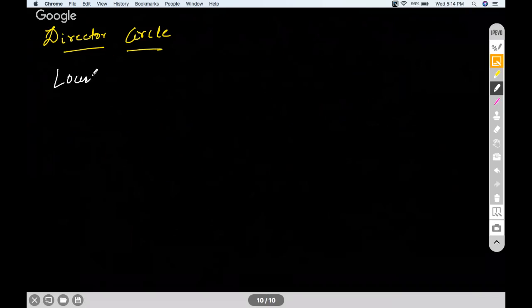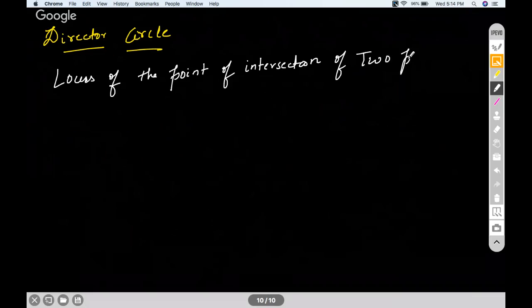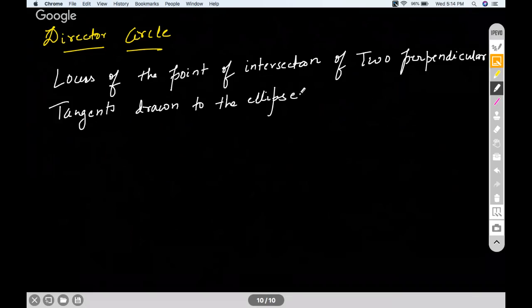So it's the locus of the point of intersection of two perpendicular tangents drawn to the ellipse. Okay.